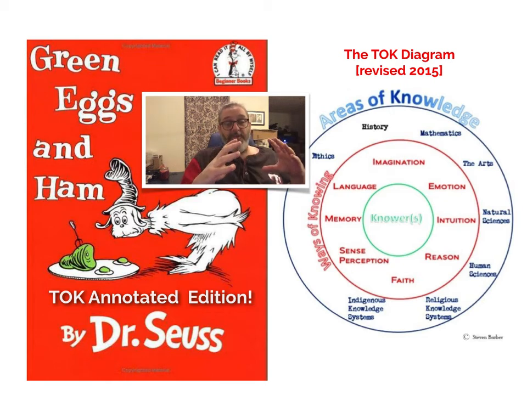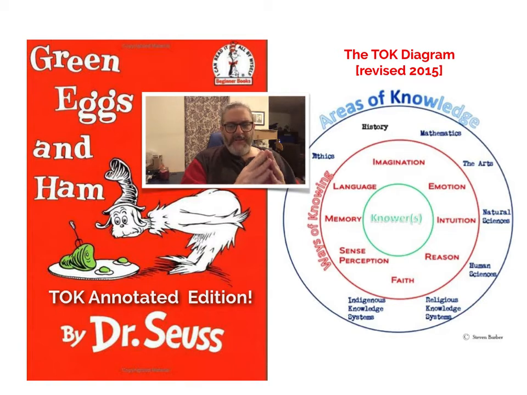Outside the ring of the knower, we have the ways of knowing. In no particular order: language, imagination, emotion, intuition, reason, faith, sense perception, and memory. What I'm going to do is I'm just going to go over the diagram quickly. You'll have the option to pause the video while you get all of this copied, and then we'll move on.